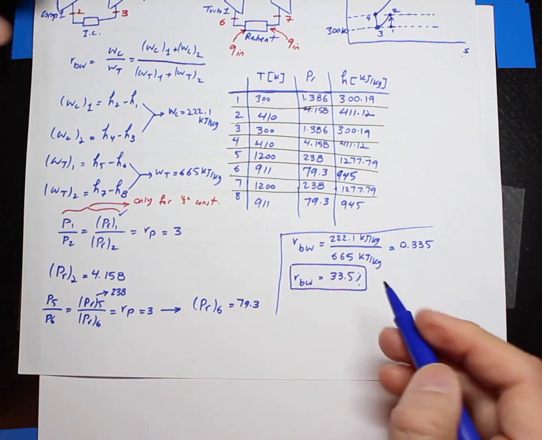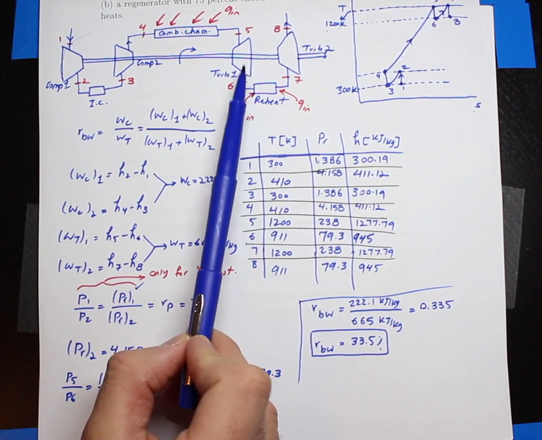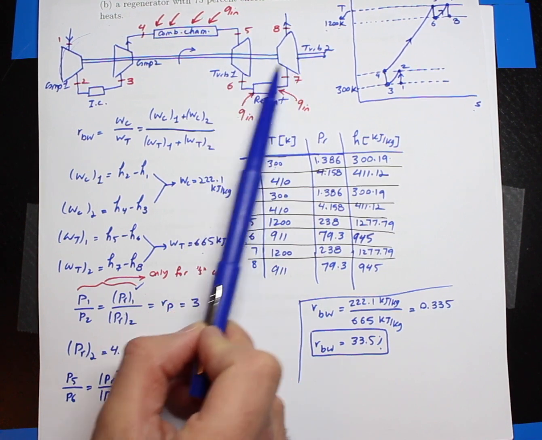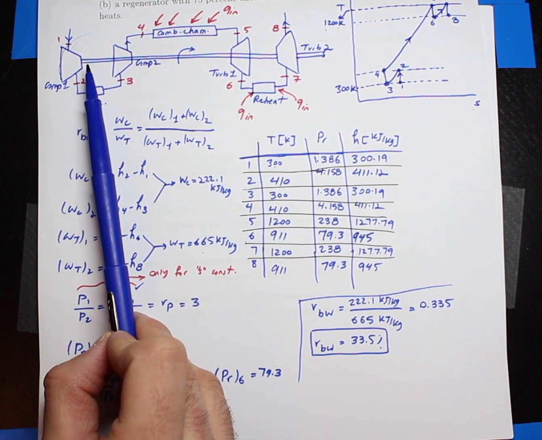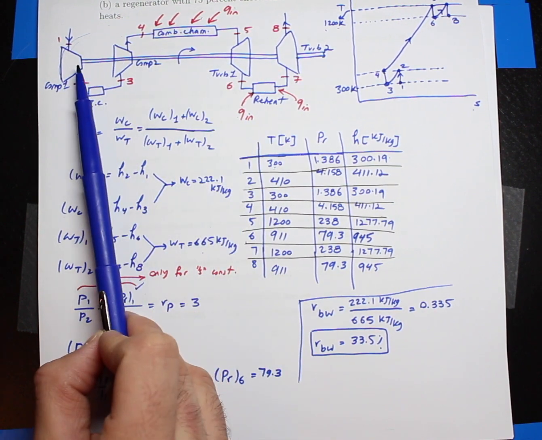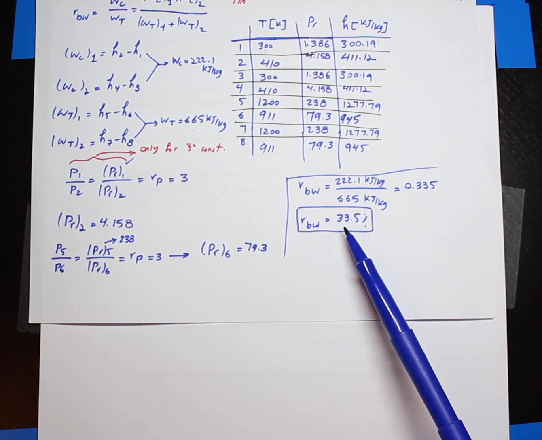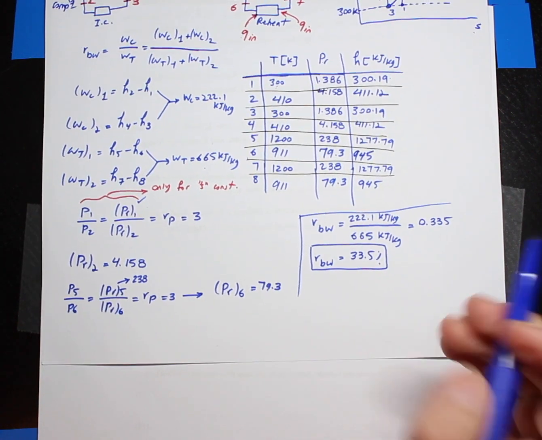This number simply means that in these power plants, almost 1/3 of the turbine work is sent to the compressors, or 33.5% of the turbine work is sent to the compressors.